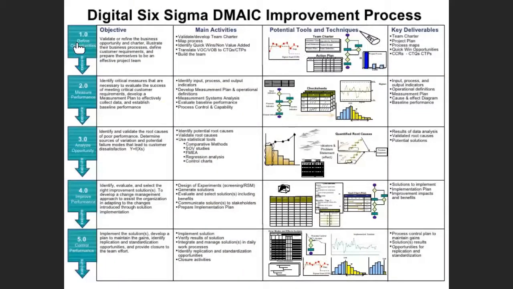It shows all of them in one row: the define phase, the objective, the main activities, as well as the tools, and the key deliverables, meaning the output of that phase. It's summarized in one page. Both of them are useful. I will post both of them since they will help you to understand the DMAIC more.